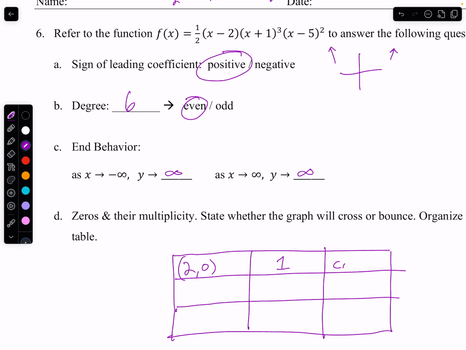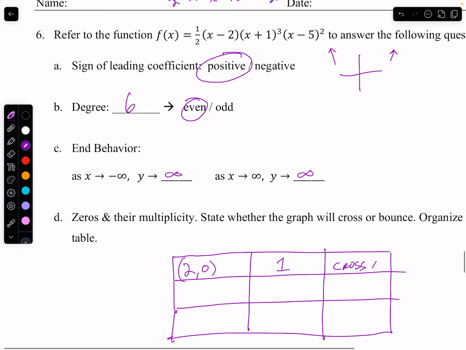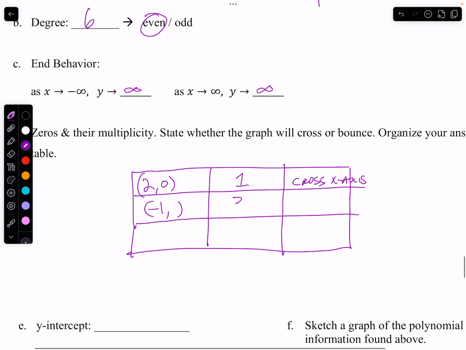And so therefore it's going to cross the x-axis because there will be a sign change in the y. The second 0, we plug in a -1 here to get 0. So that's going to be (-1, 0). Its multiplicity is 3 because that's the power there. So we have a multiplicity of 3. So therefore it will cross the x-axis because it is odd.